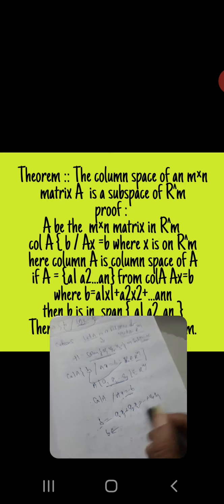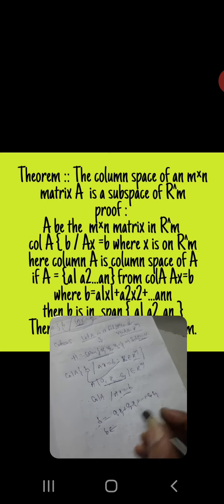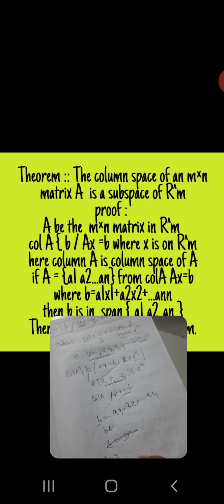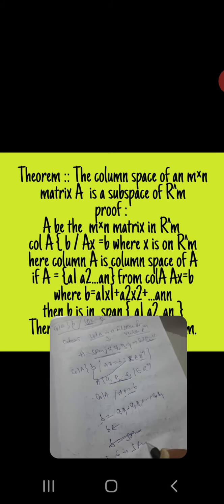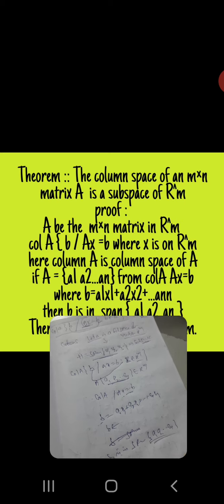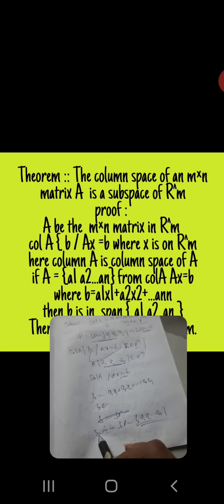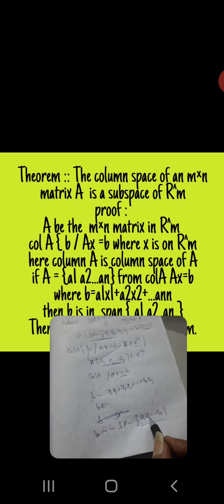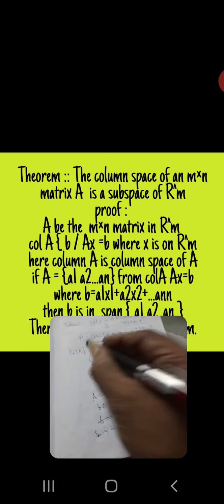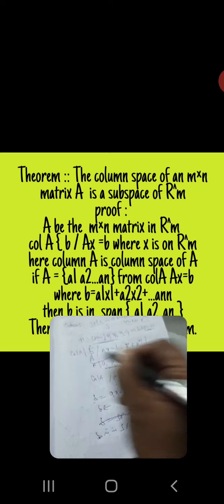What about C? Span of A1, A2, AN. Here B is in the span of A1, A2 up to AN. This is the case. B is in the span of this, and you take C. C is in the span of A1, A2, A3. And you take D. D is in the span of this.